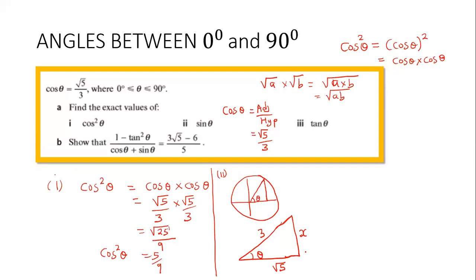Can everyone first find out what x is, using the method of Pythagoras theorem? Find x and tell us in the chat what you are coming up with. Okay, Alvin is getting 2.